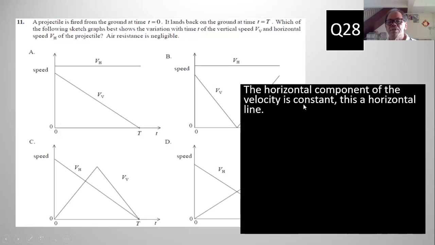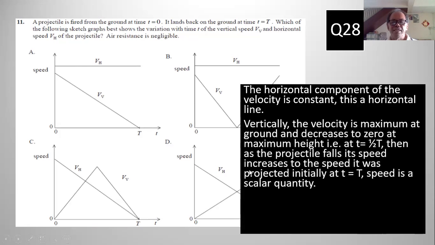Right? Horizontal component of velocity is constant. So this is a horizontal line. Vertically, the velocity is maximum at ground and decreases to 0 at maximum height, at half t, which is here.